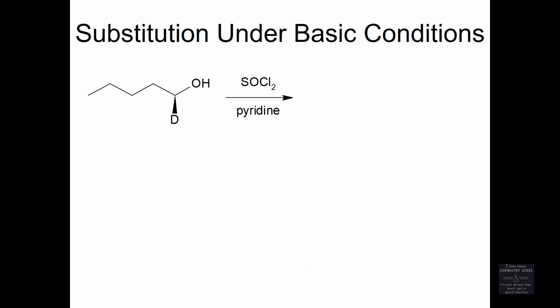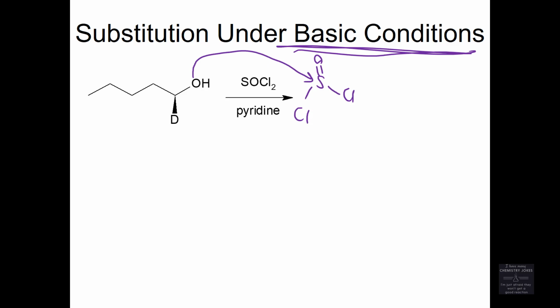So HBr, HCl and zinc, HI, those are all acids. Substitution under basic conditions, that's this SOCl2 and pyridine, PBr3 and pyridine. Pyridine, weak base. So we are not going to protonate and make a better leaving group. We have to do something else to make a better leaving group. And with SOCl2, that something else is attack the sulfur and bust out a chloride like that.